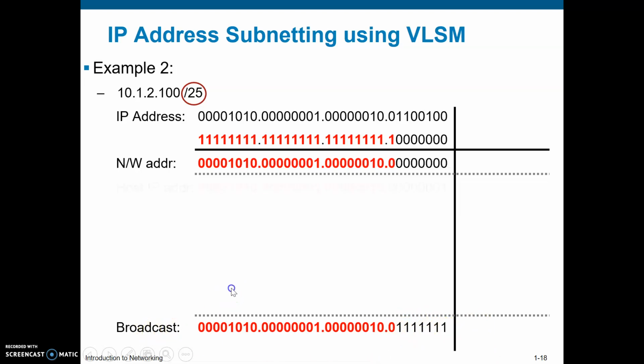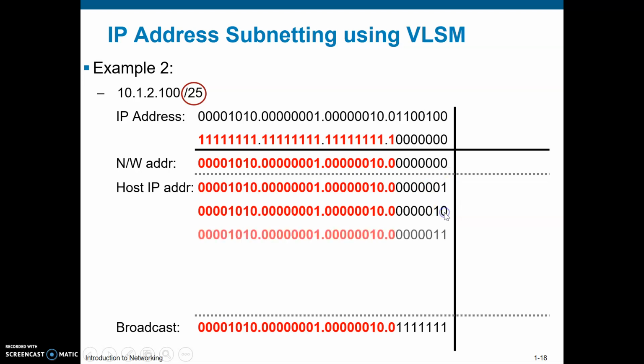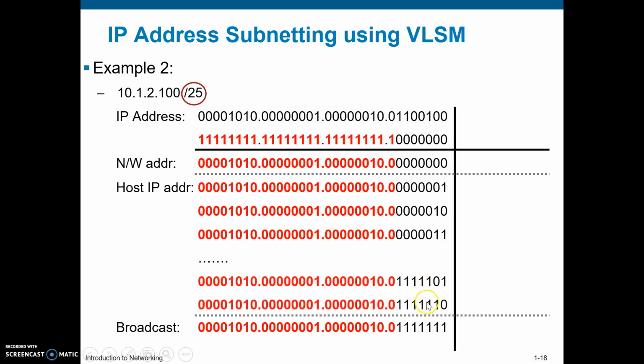How about the host address? Again, you can't touch the red bits, but you can change the ones in black, the host bits. This will be the first, this is the second, this is the third host address, and finally, this is the last one.